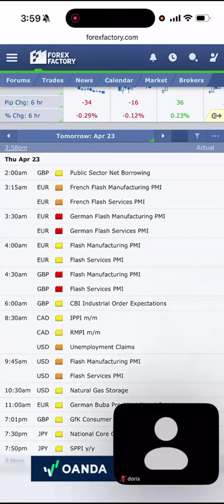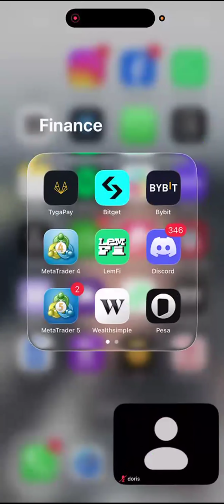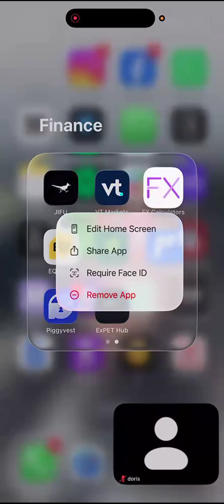The second one on my slide is the Forex Calculator. So this is the app. If you want to take a screenshot, you can, but I'm going to open it now. This calculator is basically for new people.